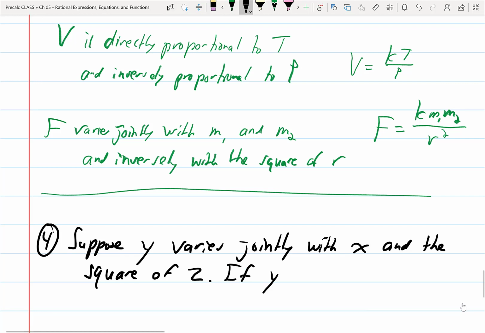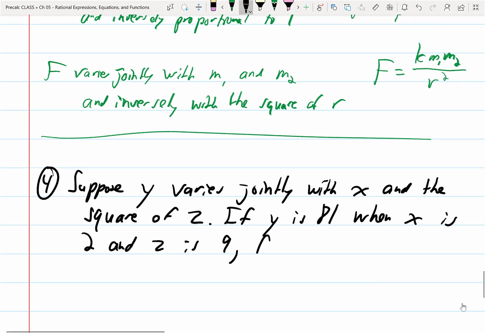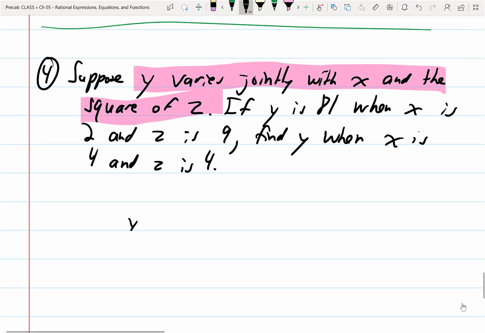If y is 81 when x is 2 and z is 9, find y when x is 4 and z is 4. So first step, y varies jointly with x and the square of z means to say y equals k times x and then times z squared.